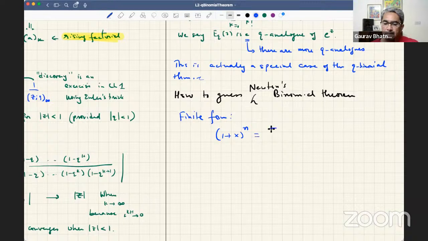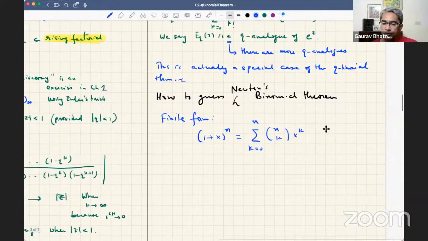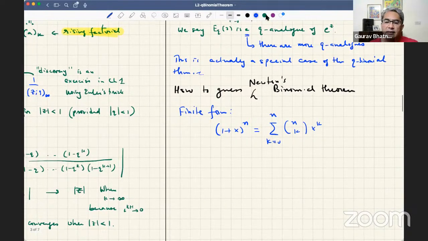So n choose k, x to the k. So here n choose k is equal to n factorial over k factorial times n minus k factorial.